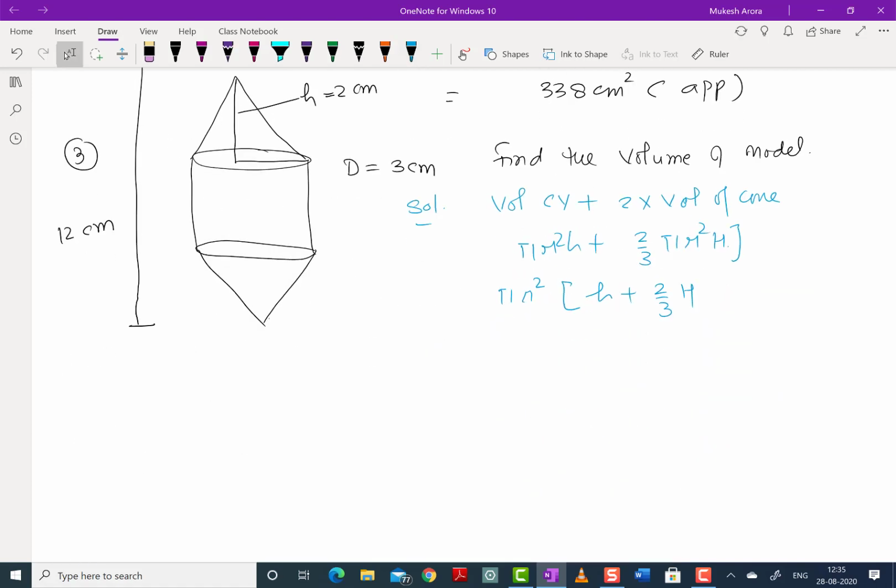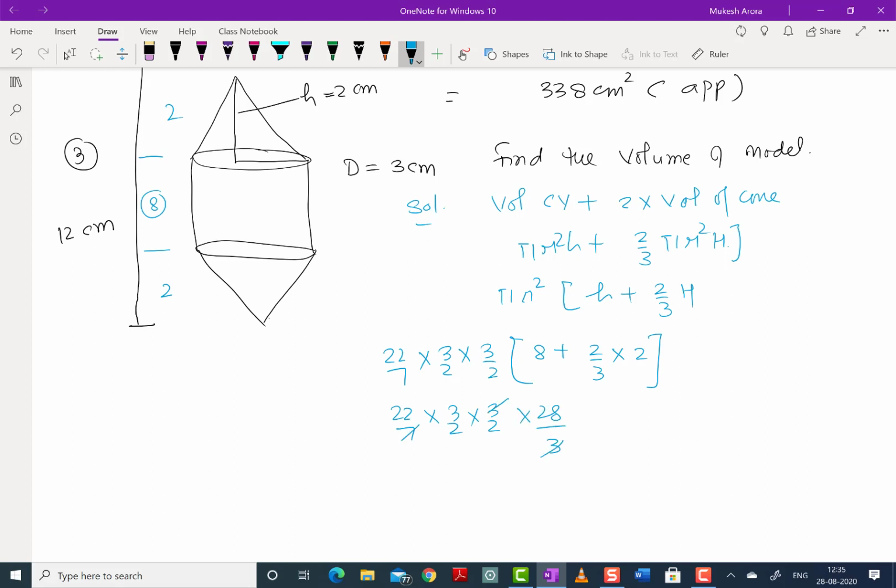So this is 22 by 7, radius is 3 by 2, h of cylinder is 12 minus 2 and 2, 4, so this will be 8, plus 2 by 3 into 2. So 22 by 7, 3 by 2 into 3 by 2, 8 3s are 24 plus 4, 28 by 3. This cancels, this is 4, this cancels. So the answer is 66 centimeter cube.